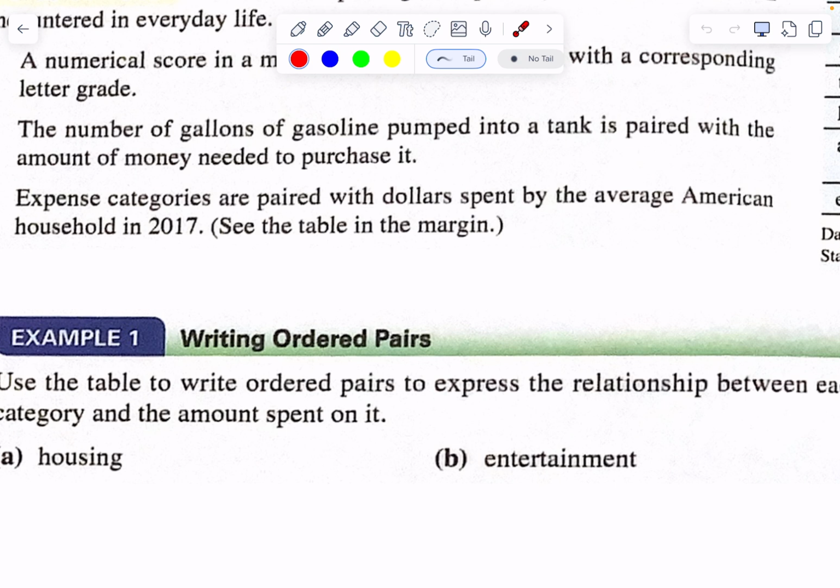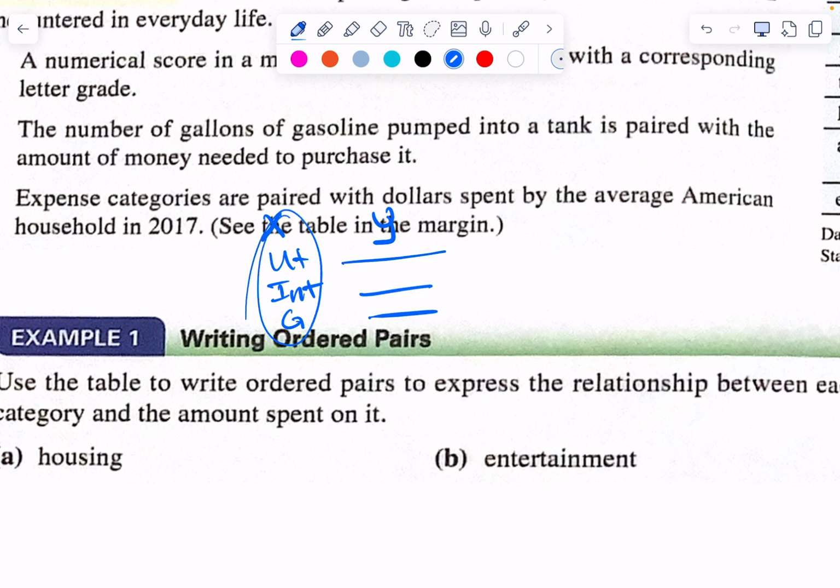Expense categories would be like utilities and internet and groceries, paired with the dollars spent, so this is an X and a Y. In this case, the X's would be categorical instead of quantitative.